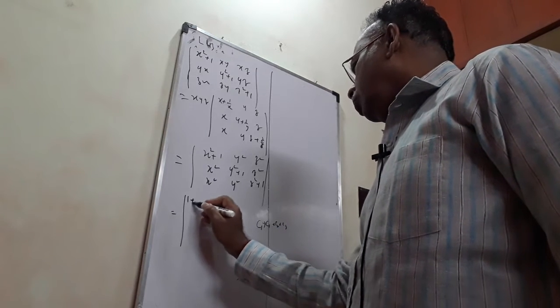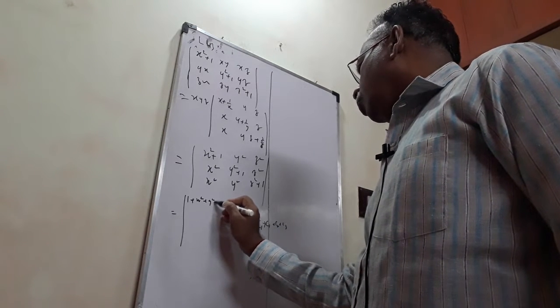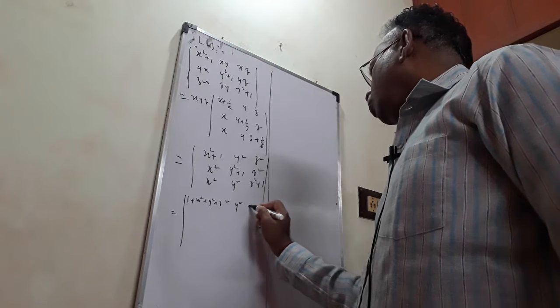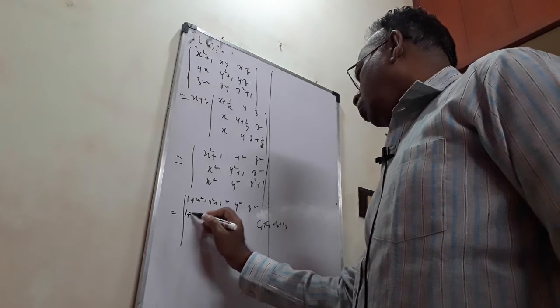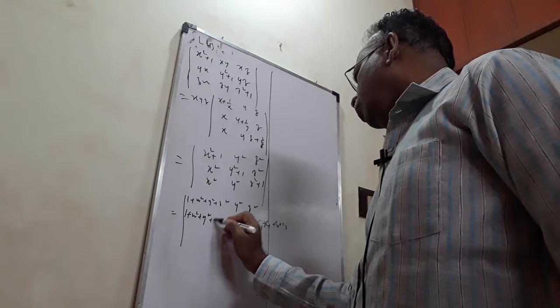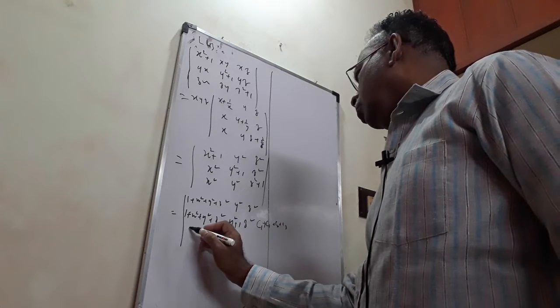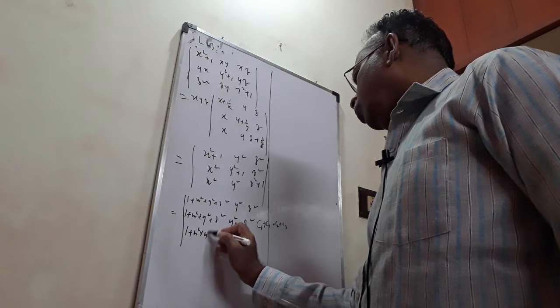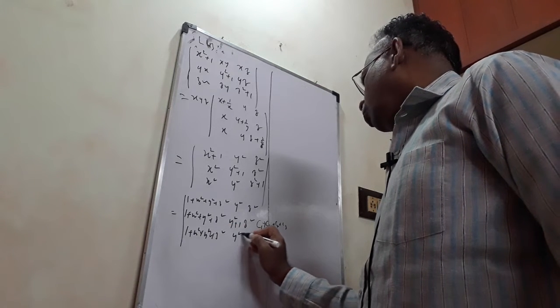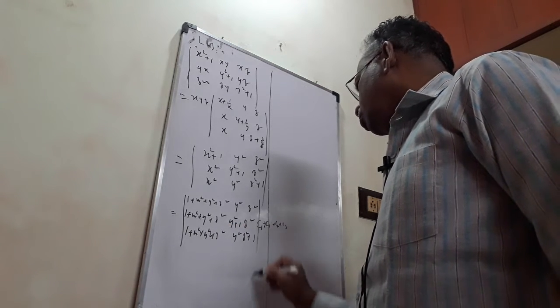What do I get? 1 plus x square plus y square plus z square, y square, z square. 1 plus x square plus y square plus z square, y square plus 1, z square. 1 plus x square plus y square plus z square, y square, z square plus 1.